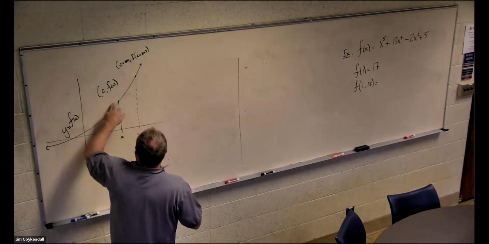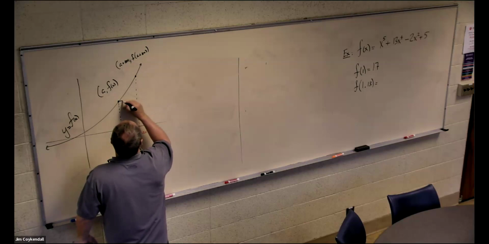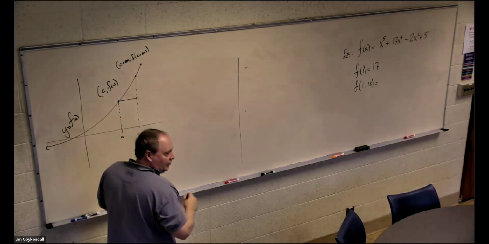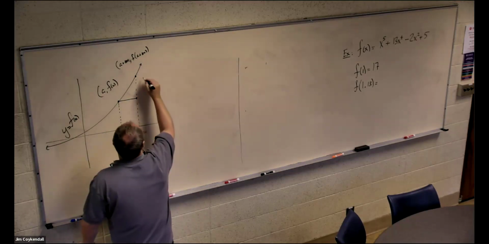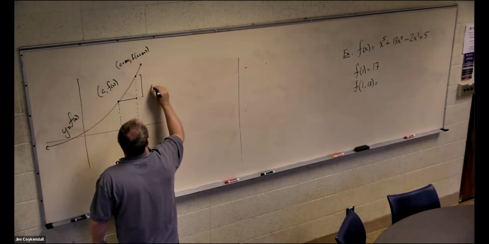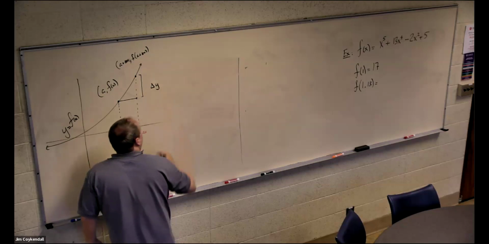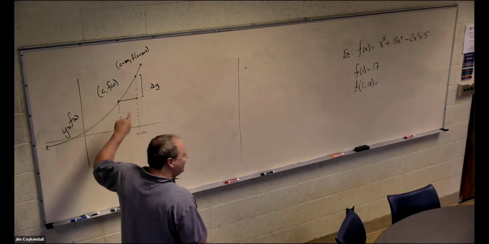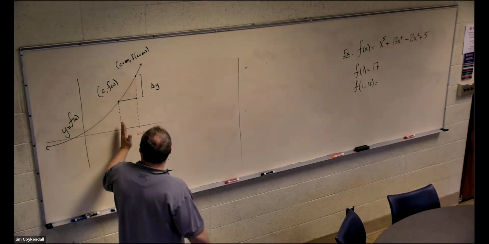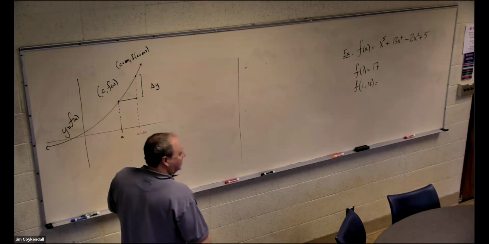So what we're doing with differentials is figuring out how much the function changes. This is what I call delta y. What is delta y? It is the actual, honest to goodness change in the y coordinate as I go from A to A plus delta x.